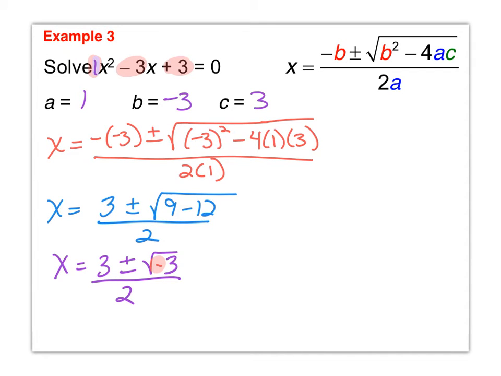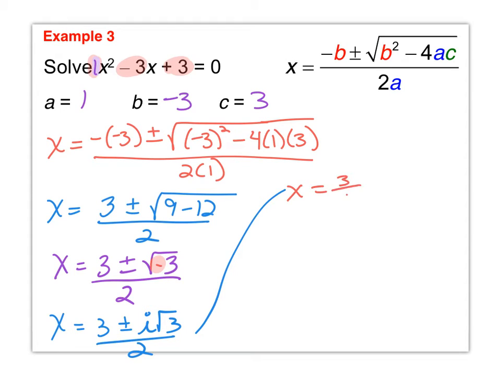So we can write this as x equals 3 plus or minus i square root of 3 over 2. This can also be written as x equals 3 over 2 plus or minus i square root of 3 over 2. So you have the real part and the imaginary part of the complex solutions.